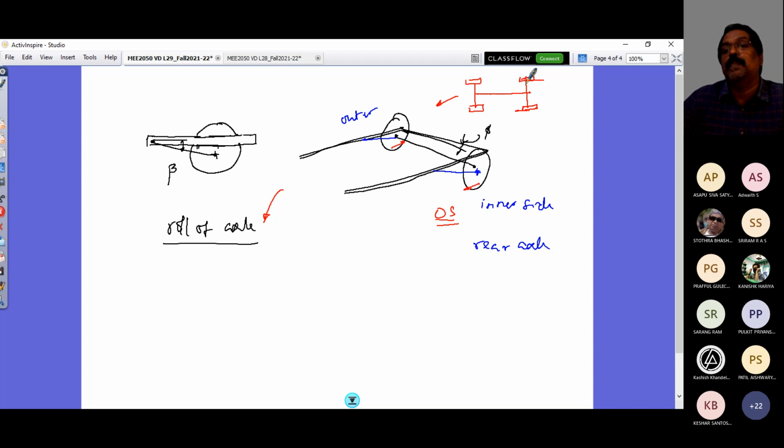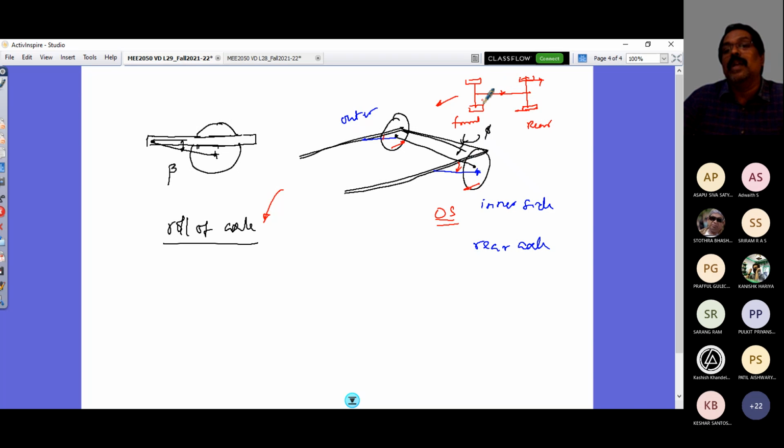This push force and pull force backward is because of the increase in beta here and decrease in beta here. That is what creates such a force, and it makes the rear wheel go like that, which will push your vehicle inward.